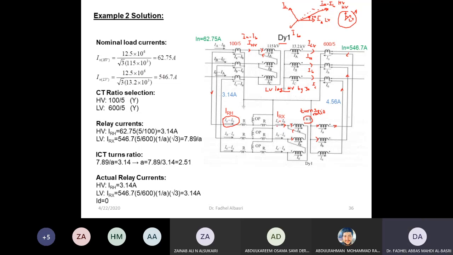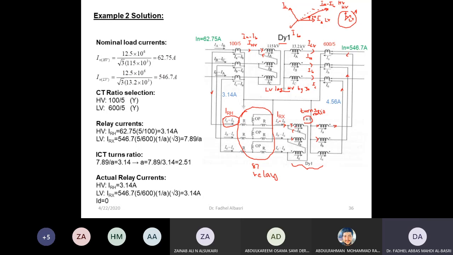Okay, and so this current and this current will go to the differential relay, the 87 relay. The currents that go to the input and the output of that relay, the two terminals of the relay, are in phase now because of using the interposing CT that corrects the phase.